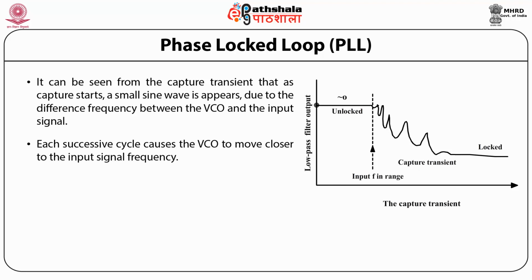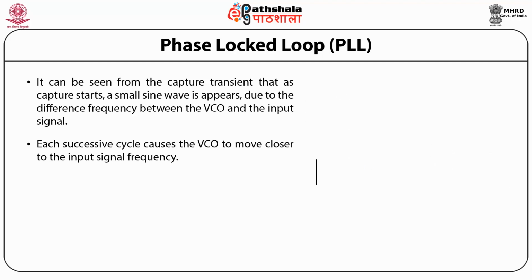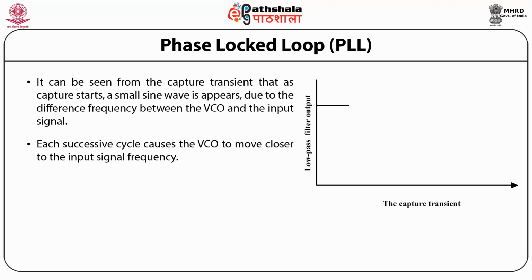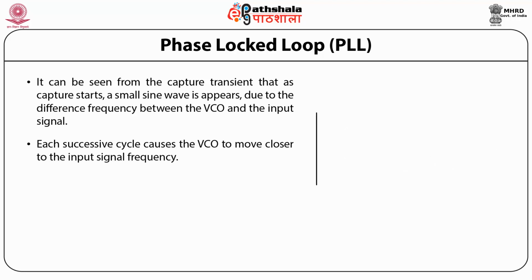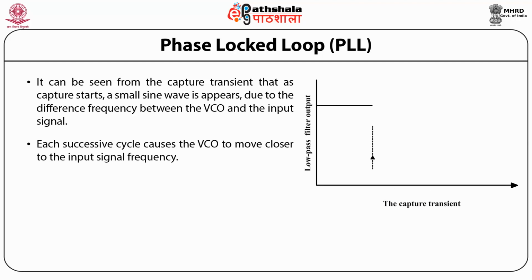So the difference in frequency becomes smaller and a large DC component is passed by the filter, shifting the VCO frequency further, and this continues until the VCO locks onto the signal and the difference frequency is DC.